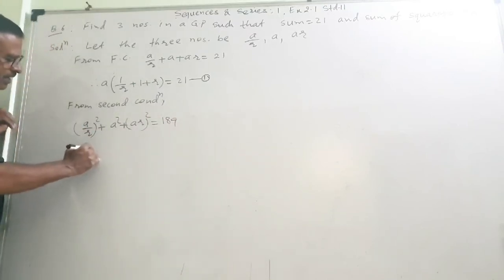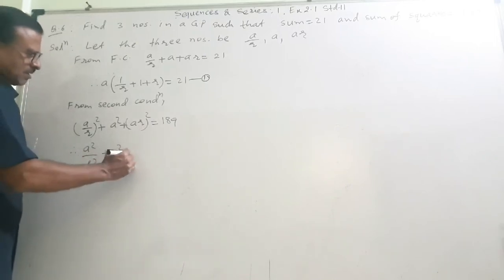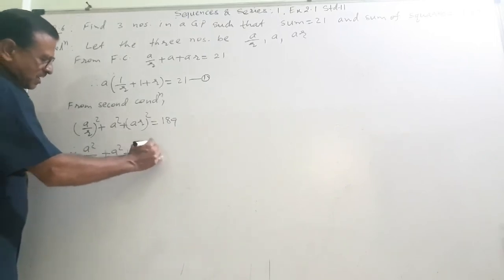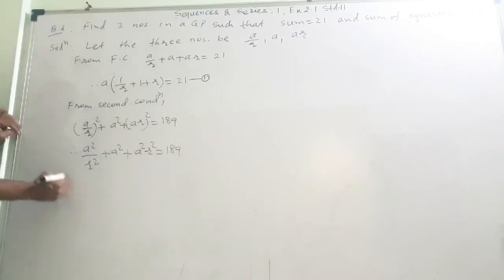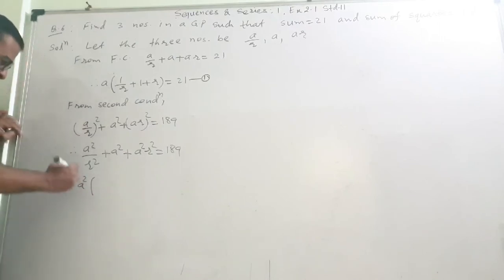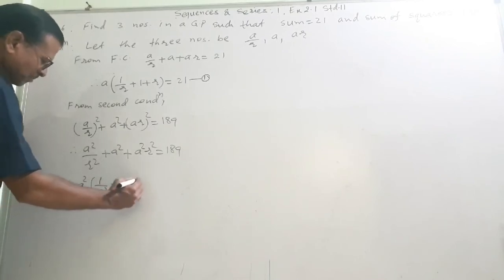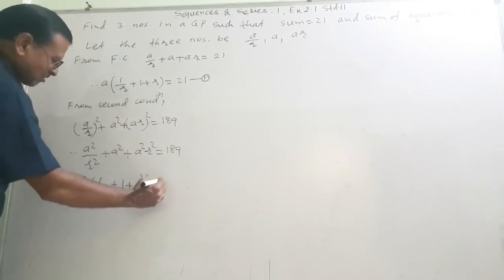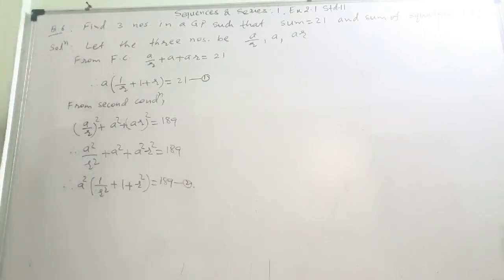Therefore, this will be A square upon R square plus A square plus A square R square is equal to 189. Therefore, what is common? A square is common. I will take A square as common. What is remaining here? 1 upon R square plus 1 plus R square is equal to 189. This is number 2. Hope that you have understood. Means this much part you should understand.